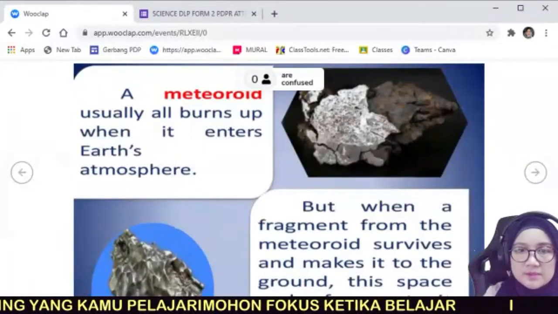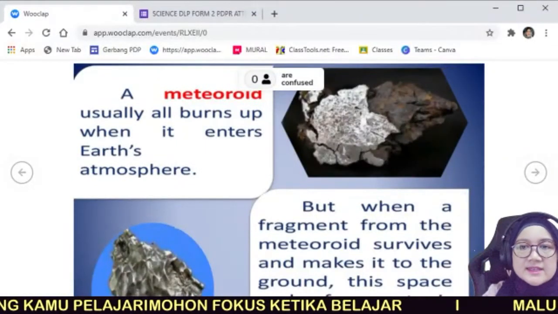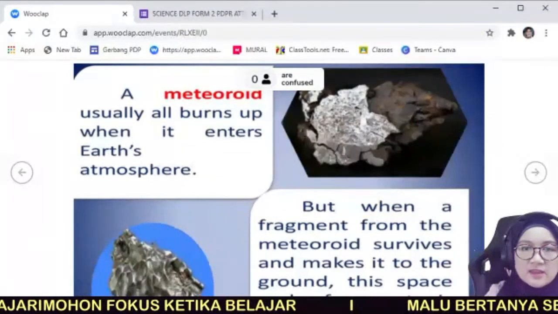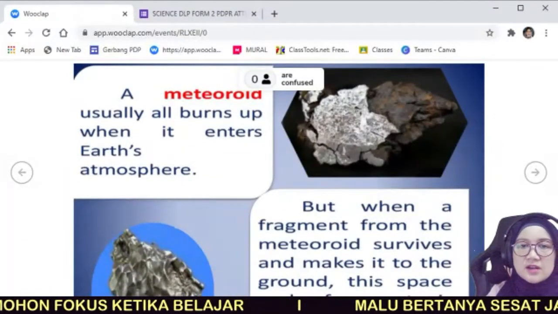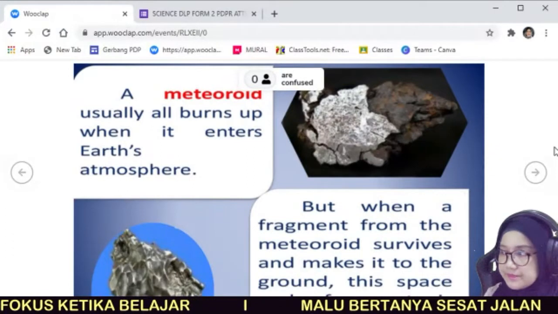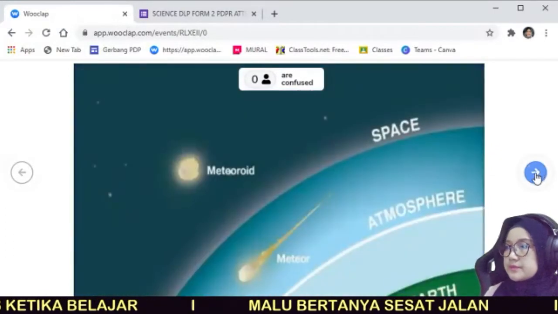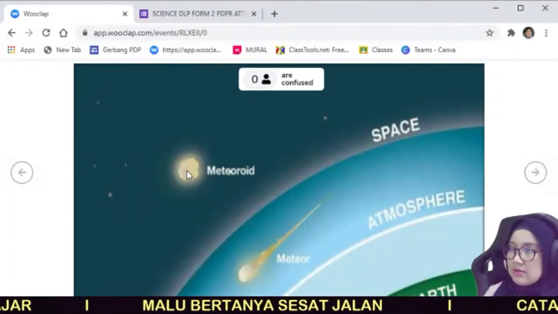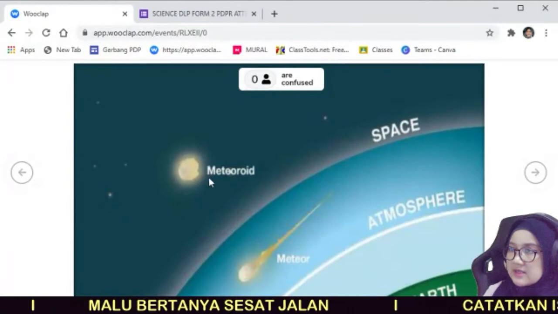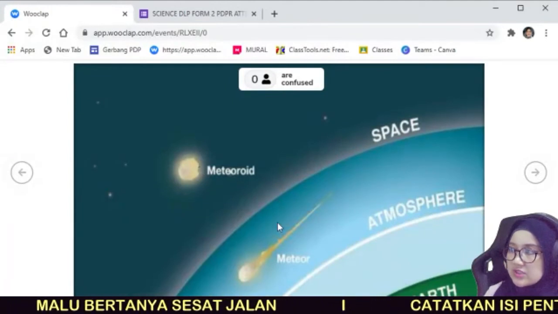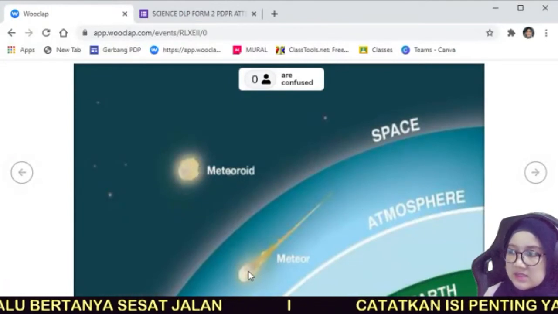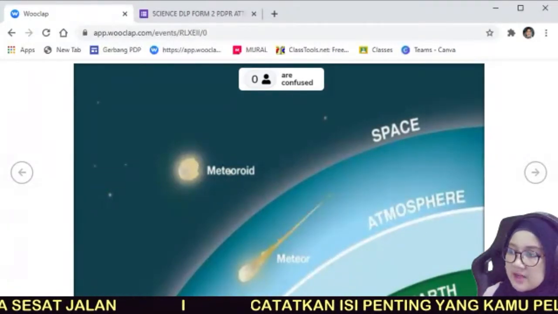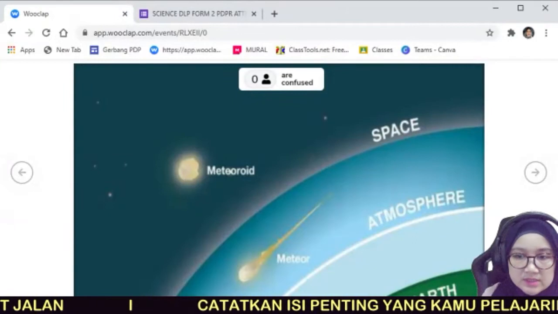So the meteoroid becomes a meteor as it enters the atmosphere of the Earth, and once it reaches the surface of the Earth, it becomes a meteorite. That's all. This is how we say meteoroid in outer space. As it reaches the atmosphere, it becomes a meteor. And once it reaches the surface of the Earth, it becomes a meteorite.